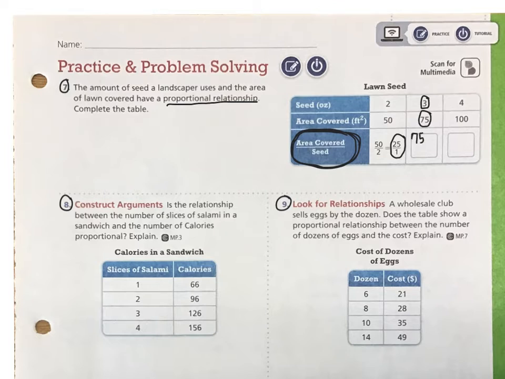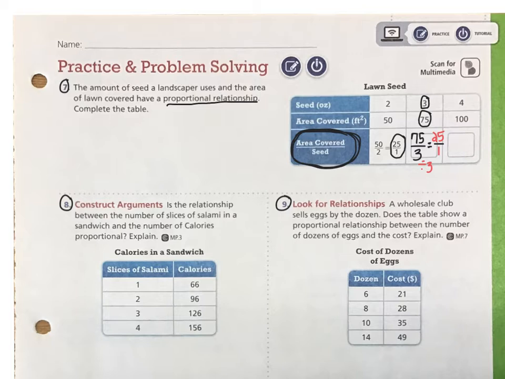So the 75 is the square feet on top, and the 3 is the ounces of seed that goes on the bottom. And when we simplify this, we simplify it by dividing both portions of that ratio by 3 to get the unit rate. And that unit rate, again, is 25 to 1.